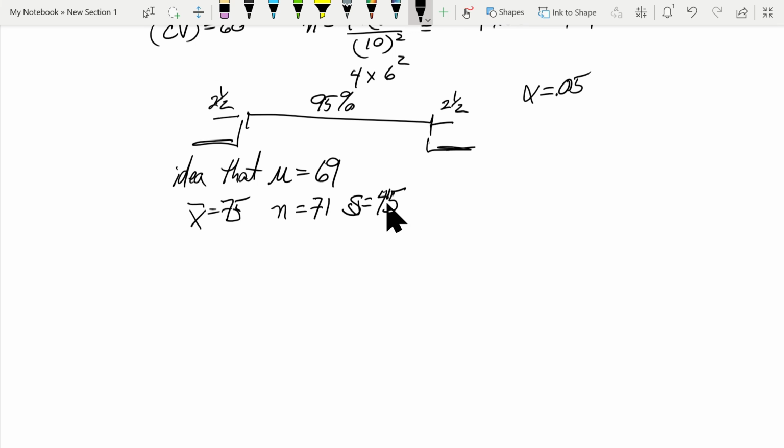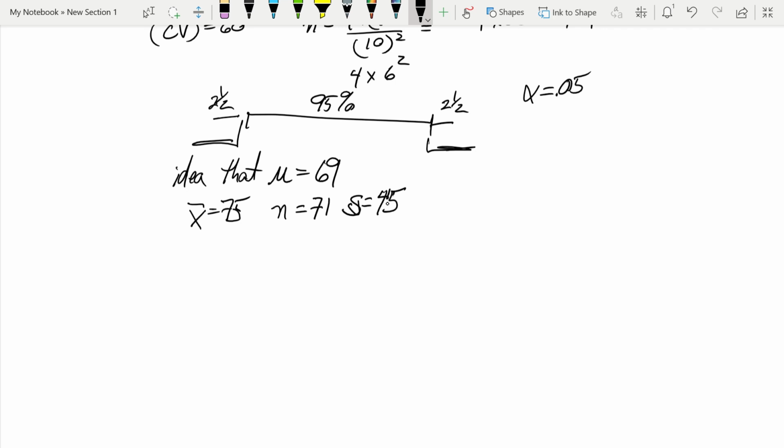And for this, do you believe that the average could be 69? Is 69 so far from our sample mean of 75 that we don't believe it? It's not too far off.